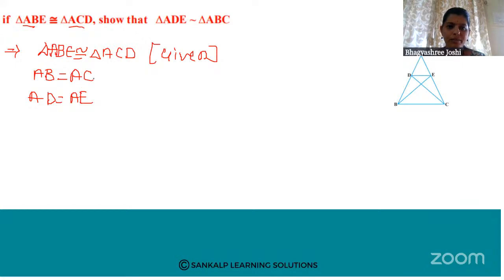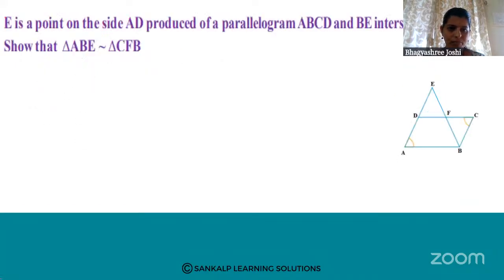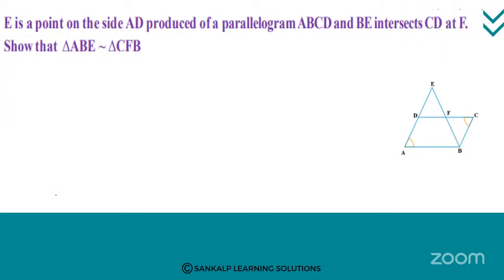Today we will start with the next problem. E is a point on the side AD produced of a parallelogram ABCD and BE intersects CD at F. Show that triangle ABE is similar to triangle CFB. My dear students, observe carefully. Here one diagram is there.